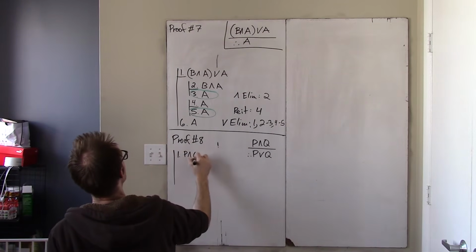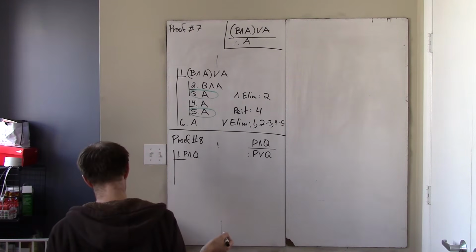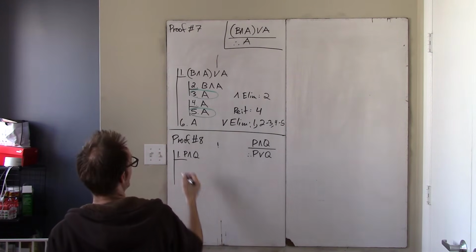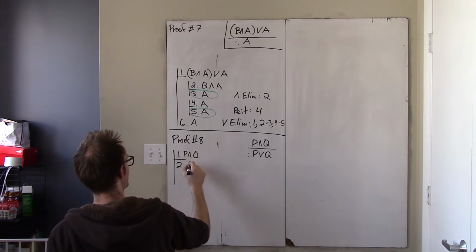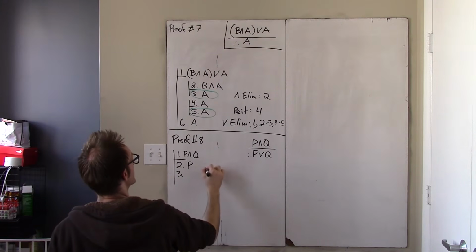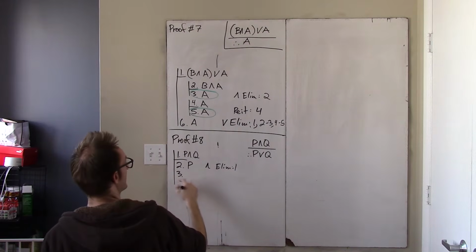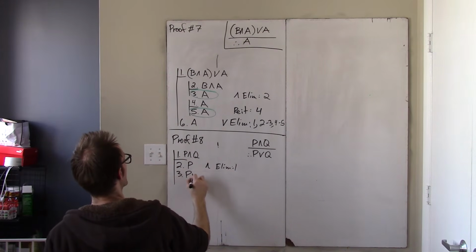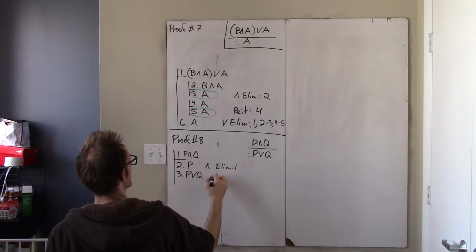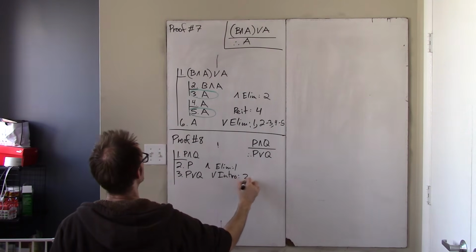We have P and Q. From this, I guess there's a bunch of ways of doing this. I guess I can conclude P. I might have cut this proof out. I can't remember. Anyway, so from that I conclude P, reason and elim 1, and then I conclude P or Q, reason or intro 2.